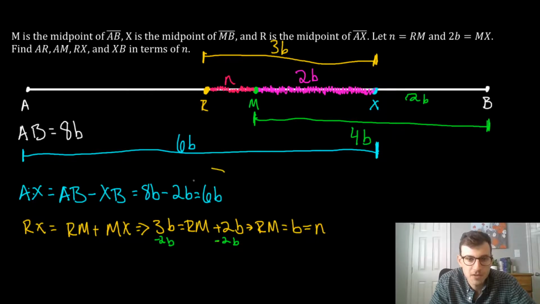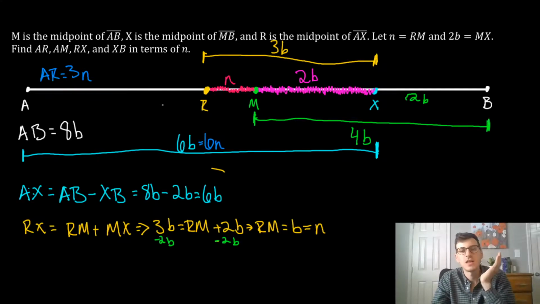We know AX is 6B, so AR is 3B, which is 3N, because B is equal to N. What about AM?